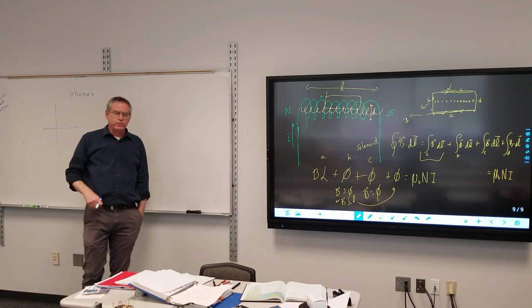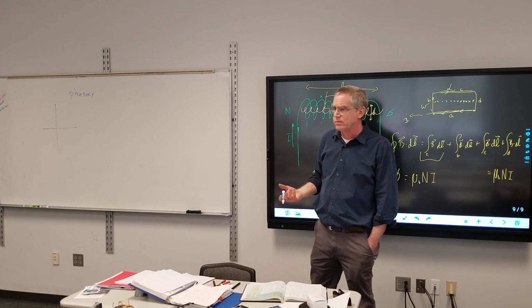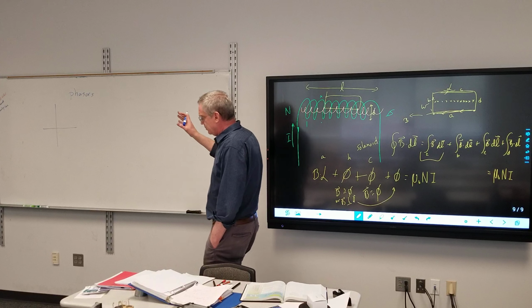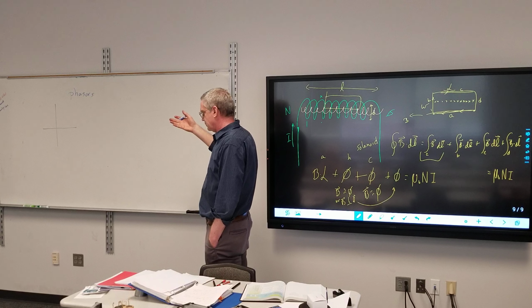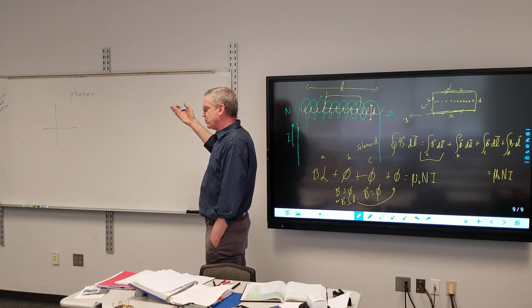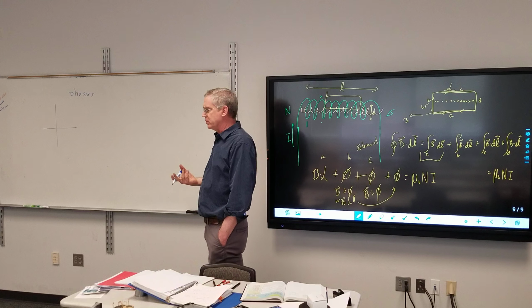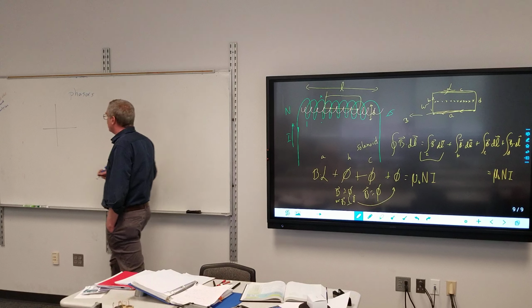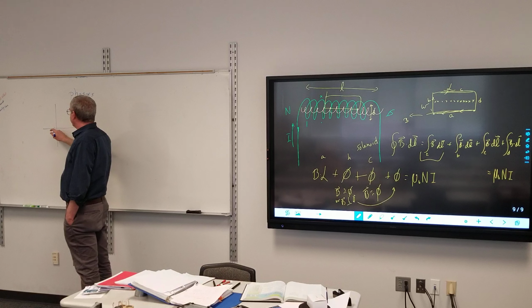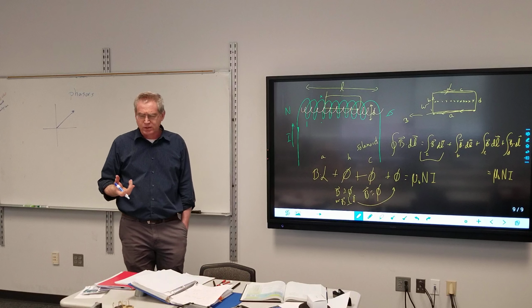I'm going to go over two methods for solving AC circuits. One of which is the phasor method, which is, I guess, a geometric way of presenting this information, and then we'll get into complex numbers. A phasor looks a lot like a vector, but more specifically, it is a vector, so it has a particular direction and a length.